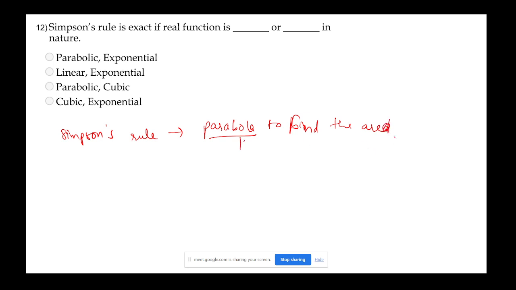So a parabola has an equation of x square y or y square x of that kind, which has order of cube. So for any equation of cubic nature or parabolic nature, it should give me the exact solution. So Simpson's rule will give me exact if the real function is parabolic or cubic.